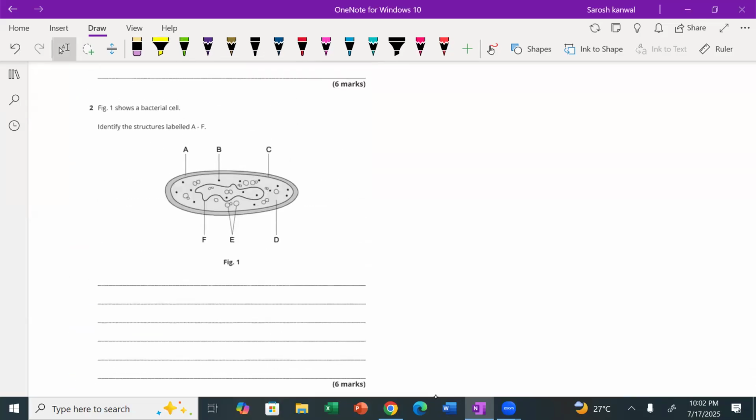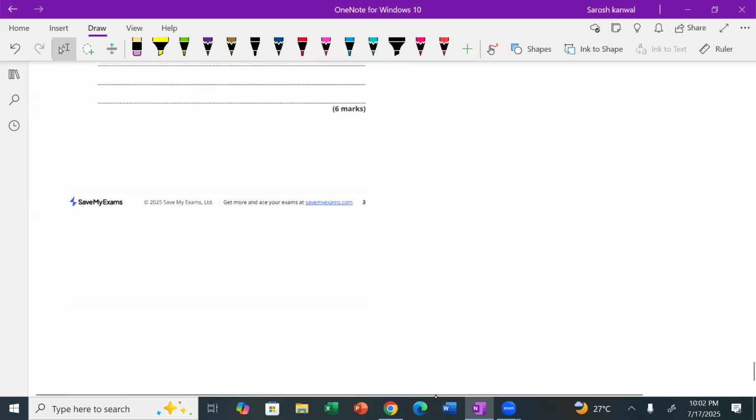Okay, then comes a bacterial cell. Identify the structures labeled A to F. Yes, Laiba, could you label these structures?